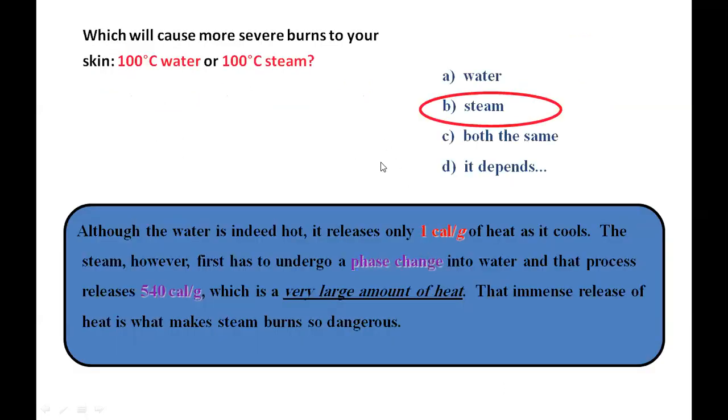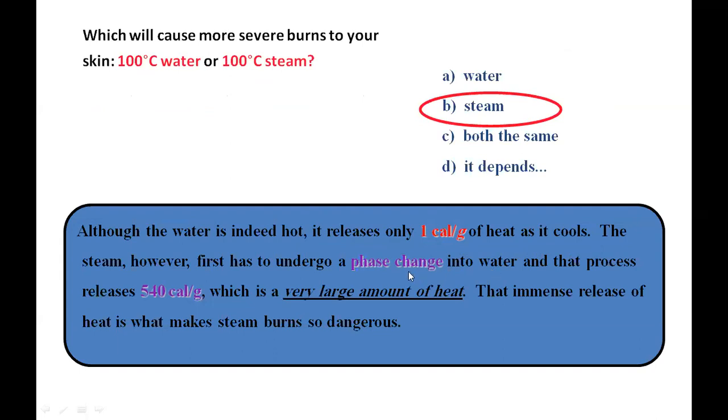So to answer the first question, the steam. Why? Because although the water is hot, it releases only 1 calorie per gram of heat as it cools.